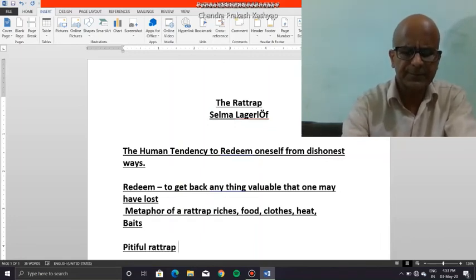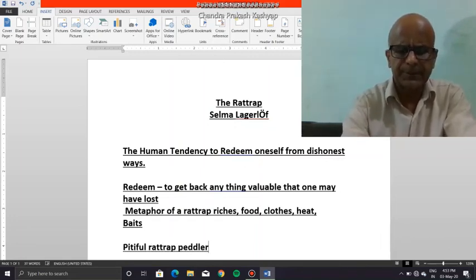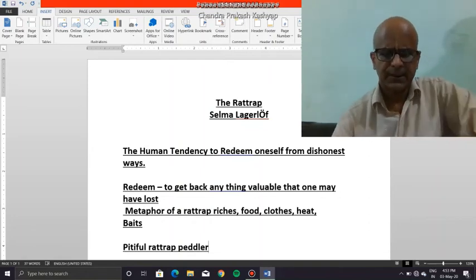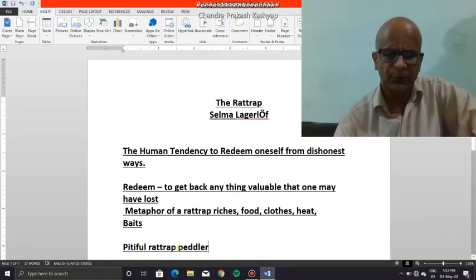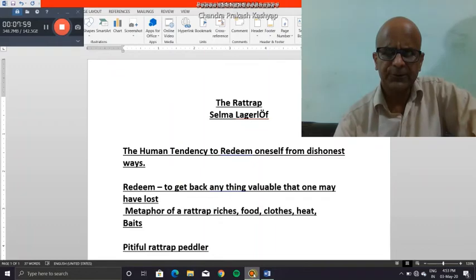And the way the author describes the rat trap peddler evokes pity. It arouses pity in the readers.